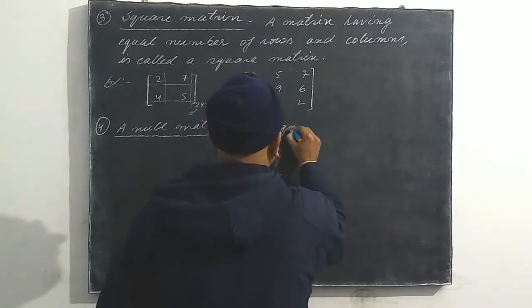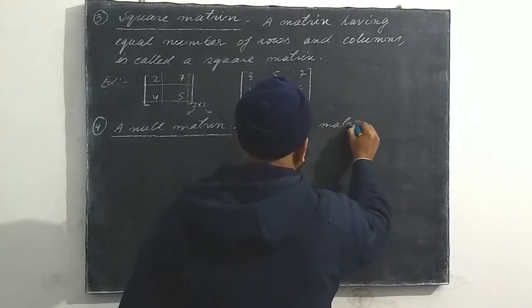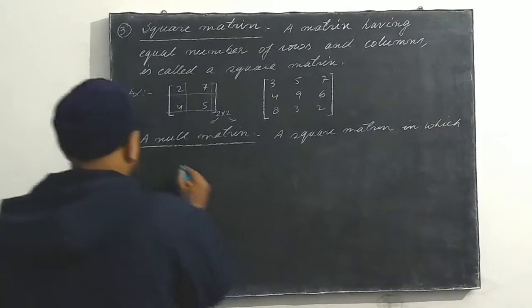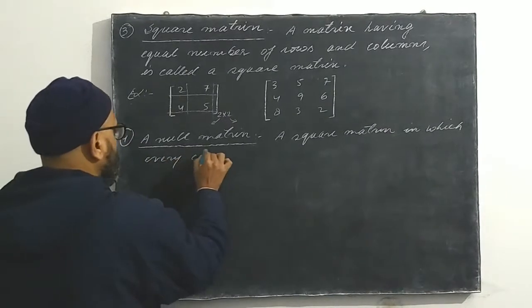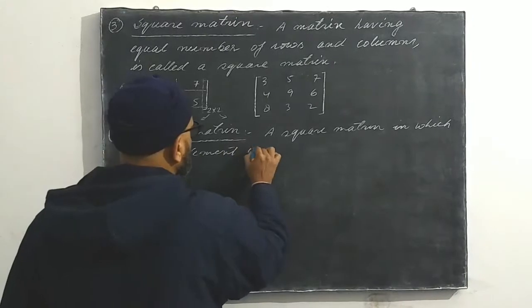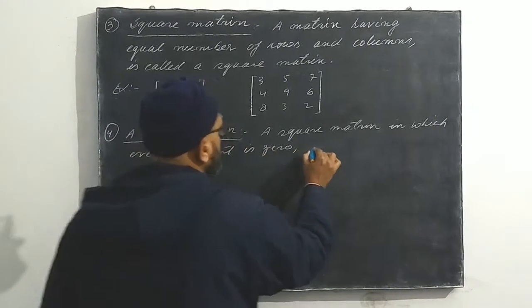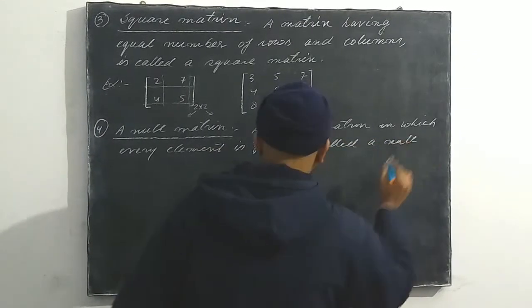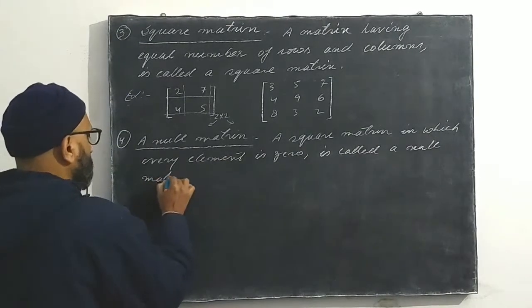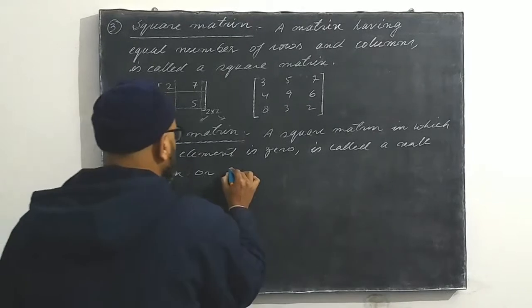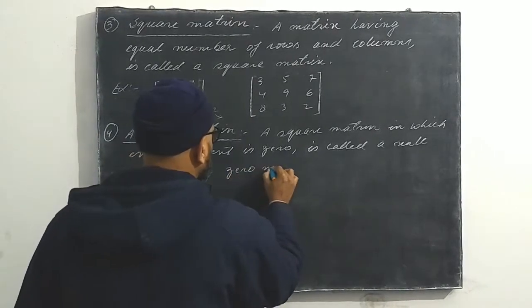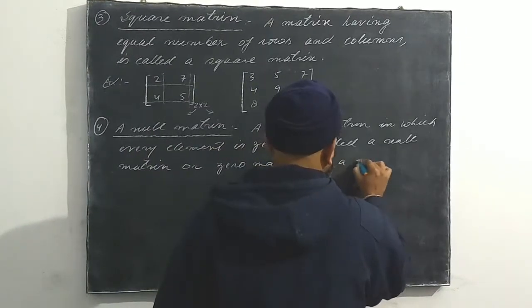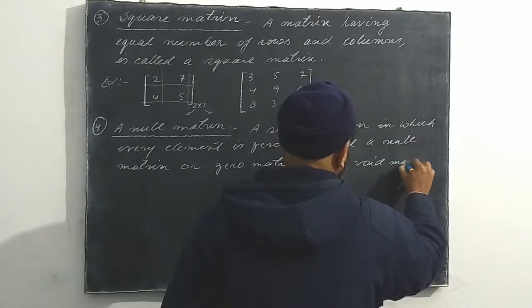A square matrix in which every element is 0 is called a null matrix or 0 matrix or void matrix.